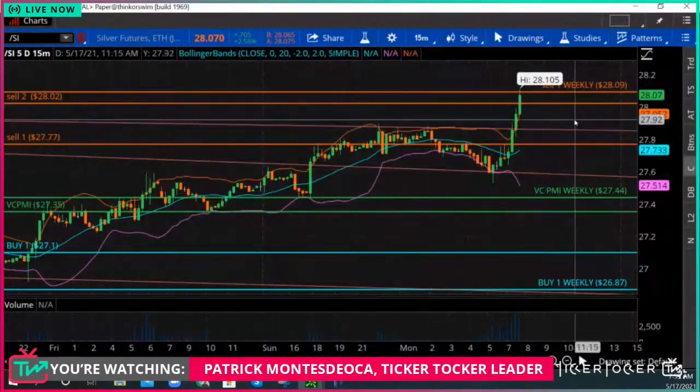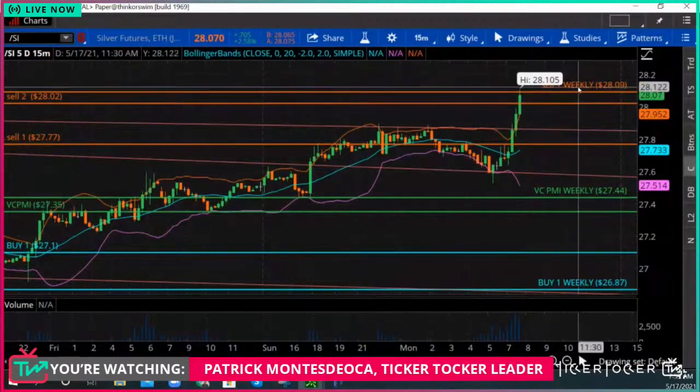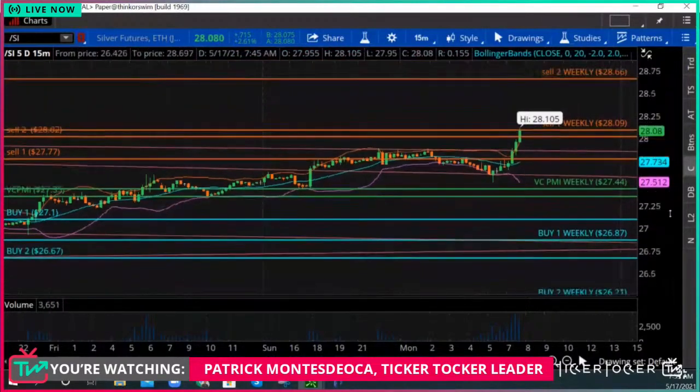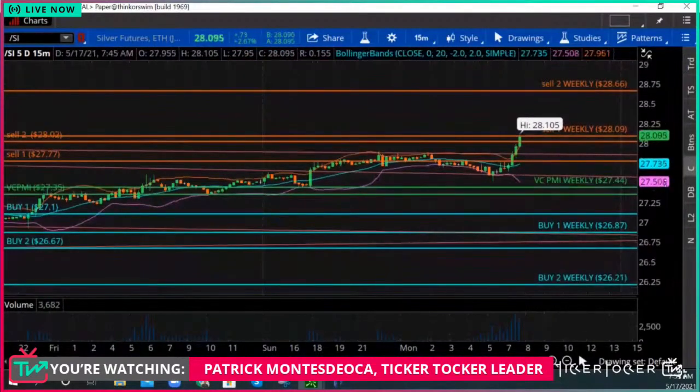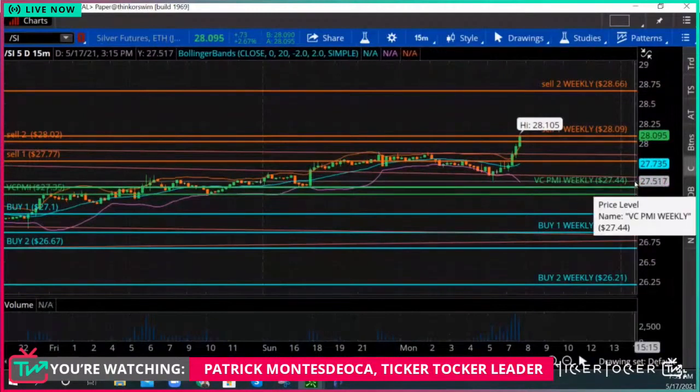It just completed a 2809 weekly target in gold. And the next target is 2866. If we get through this 2809 and close above it, then we're looking at 2866 for the silver.